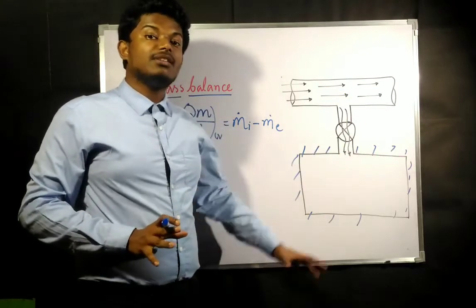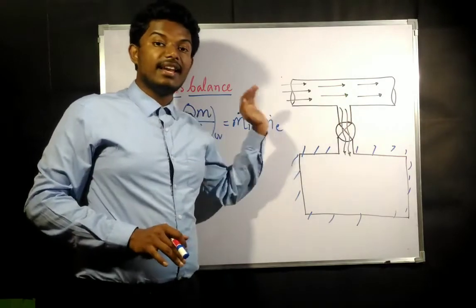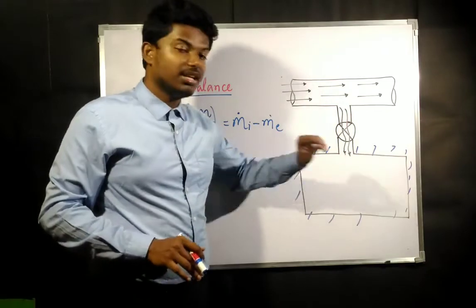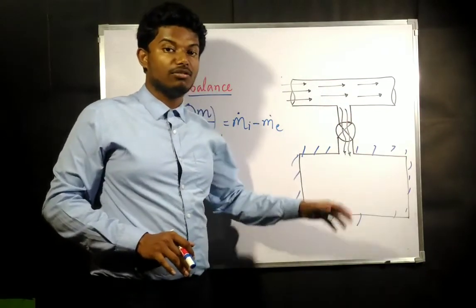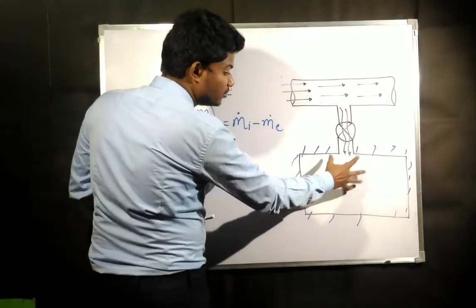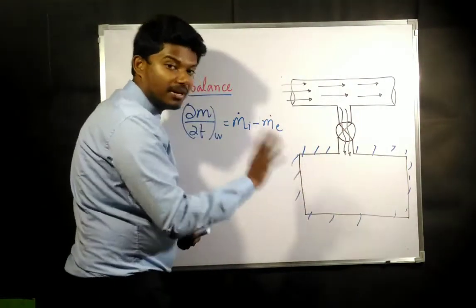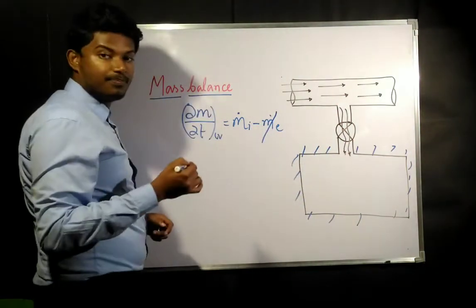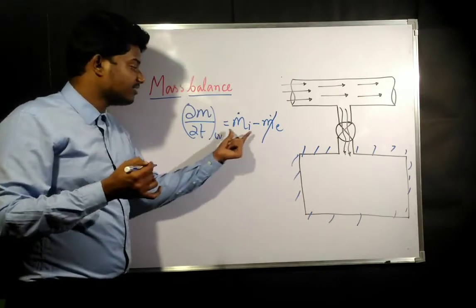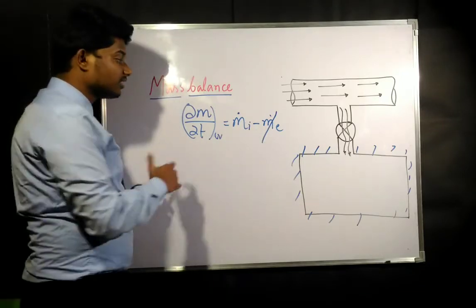In all the previous cases we have seen that for an open system, one inlet is there and one exit is there, but here the exit is not there. That means mass is coming into the system, but there is no way for it to go out. Whatever the mass flow rate with which fluid or air is coming in is getting accumulated at the same rate, because there is no exit. As there is no exit, the accumulation rate of mass is the same as the inlet mass flow rate.